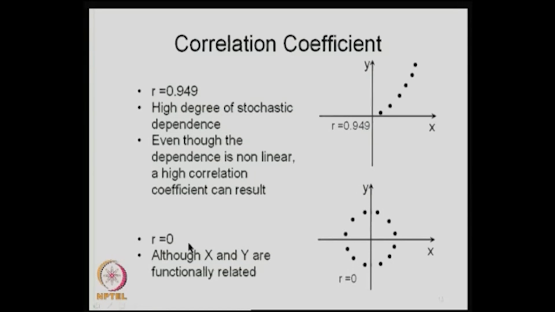So, R will be equal to 0, although there is a perfect functional relationship between x and y. So, the point you must remember is that the correlation coefficient captures the degree of linear dependence between x and y.